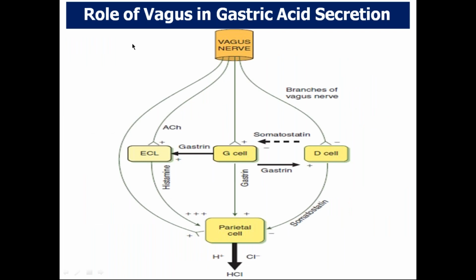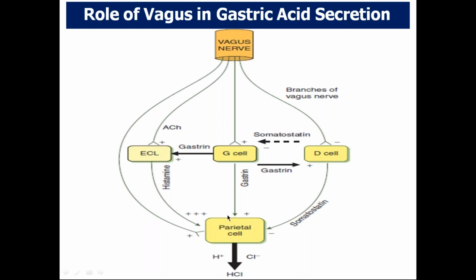So this is a summary of the role of vagus in gastric acid secretion. The vagus nerve acts directly on the parietal cell to increase secretion, and through the enterochromaffin cell to cause release of histamine, which causes stimulation. Now you can see histamine is the most potent stimulator for gastric acid secretion.